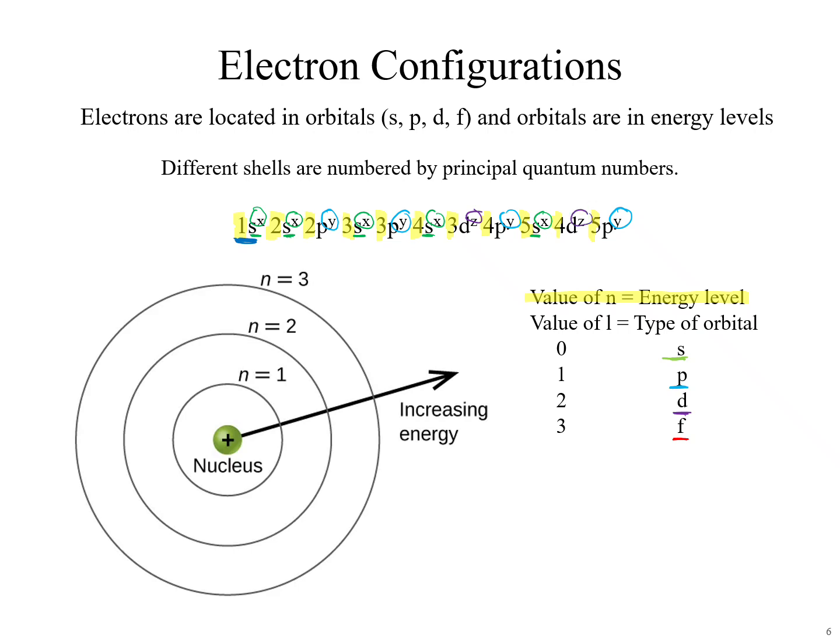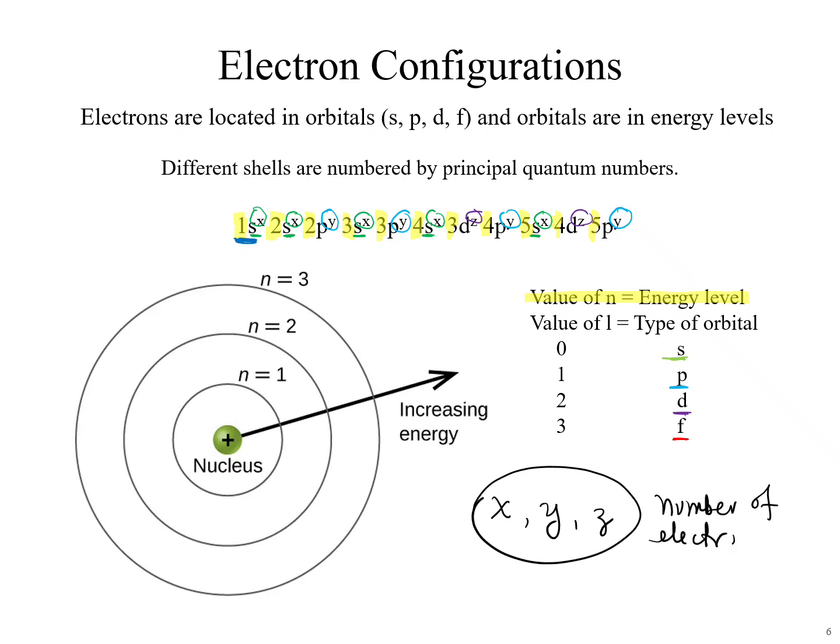That letter x, y, and z is actually representing the number of electrons. So we're going to arrange the electrons in an atom in these different energy levels in the orbitals that we have in each energy level.